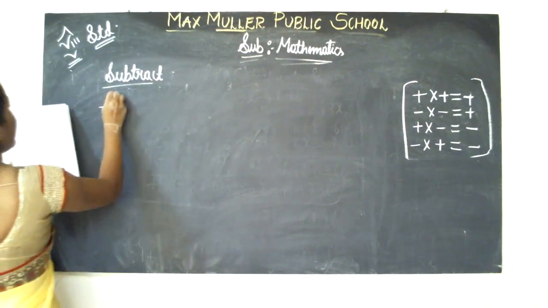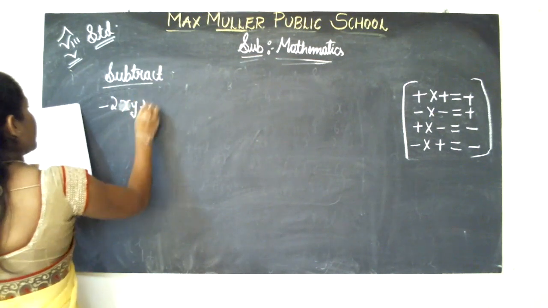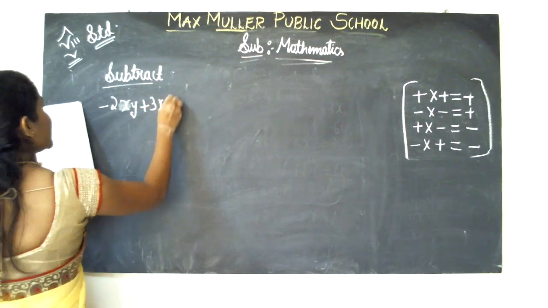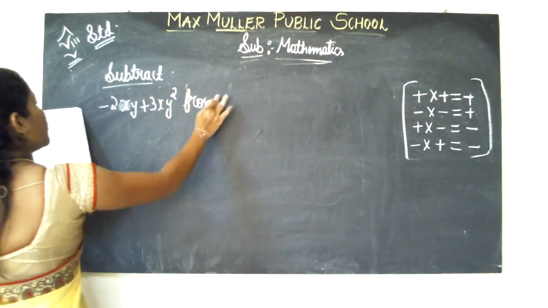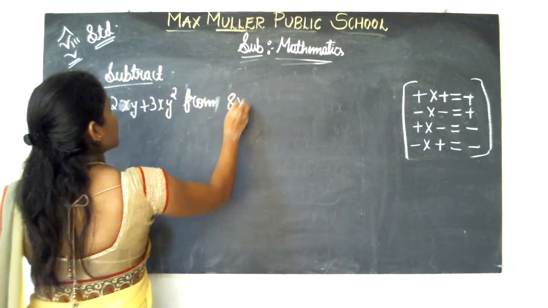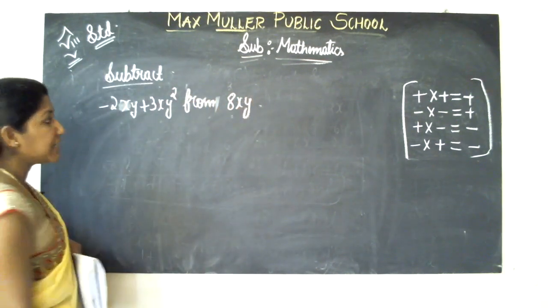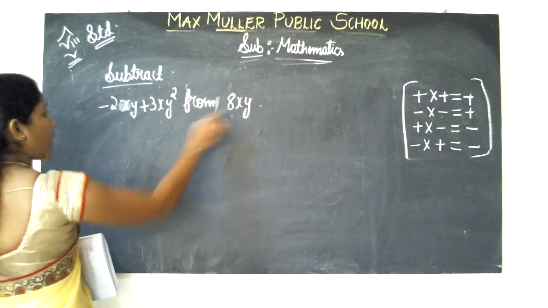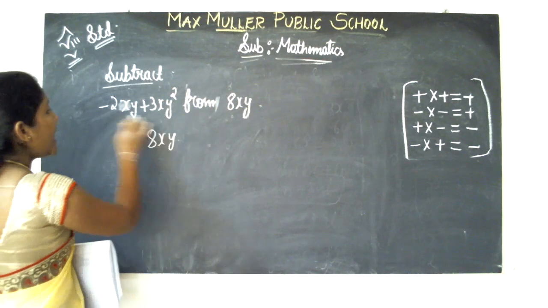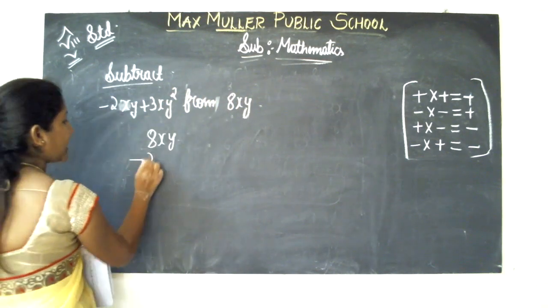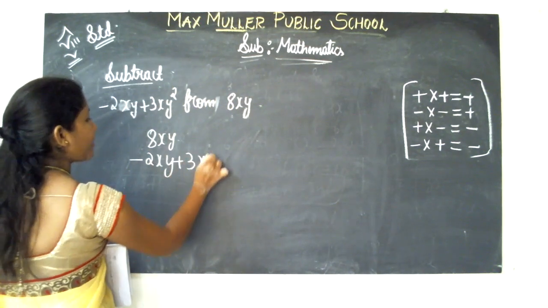Okay. Minus 2xy plus 3xy square from 8xy. Here only one term is given, here two terms are given. Is it not? So write down first 8xy in the first expression. And second expression, it is given as minus 2xy plus 3xy square.